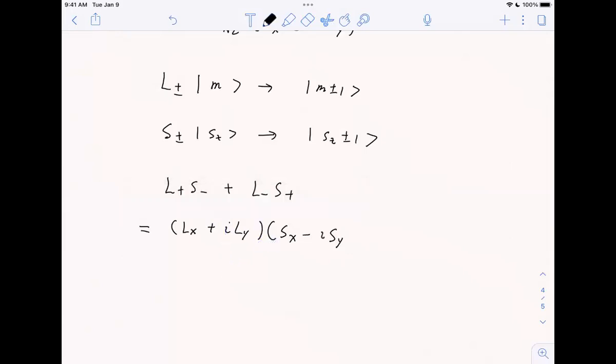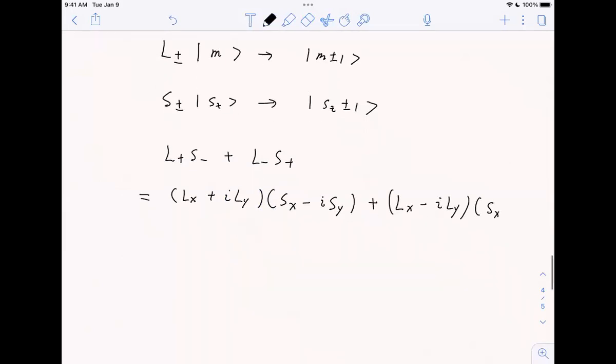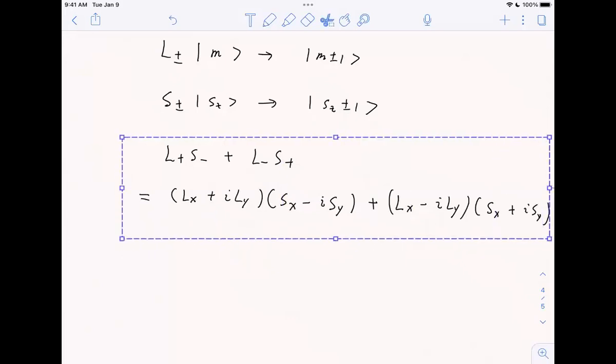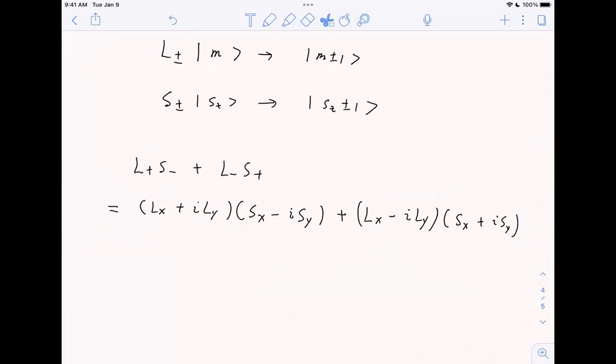Okay, so this is Lx plus i Ly times Sx minus i Sy.